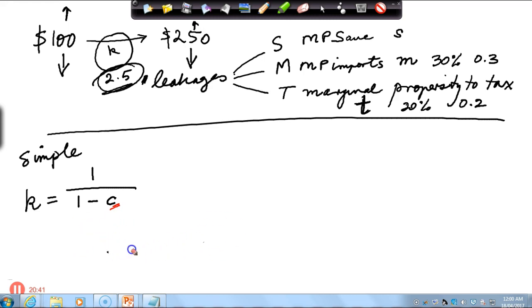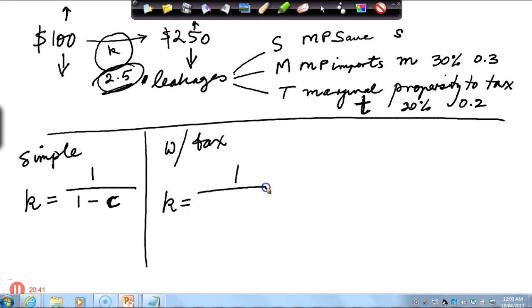But what if we wanted to make it more complicated? What if we wanted to add taxes to our system? In that case, our multiplier would be 1 over 1 minus the marginal propensity to consume plus the marginal propensity to consume multiplied by the marginal propensity to tax.